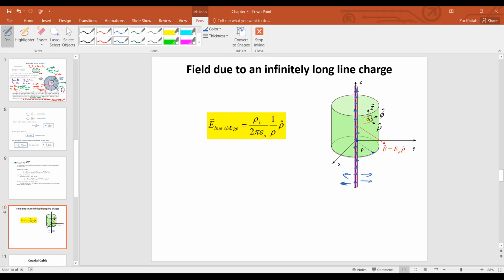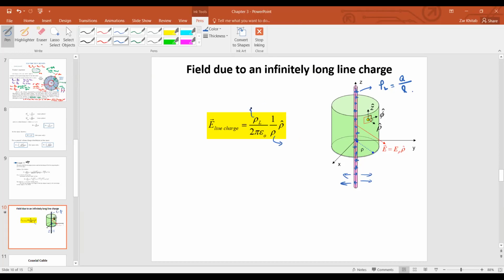And that electric field will be equal to rho L, the charge on the length of the wire, divided by 2 pi epsilon naught, times 1 over rho, where rho is the distance.